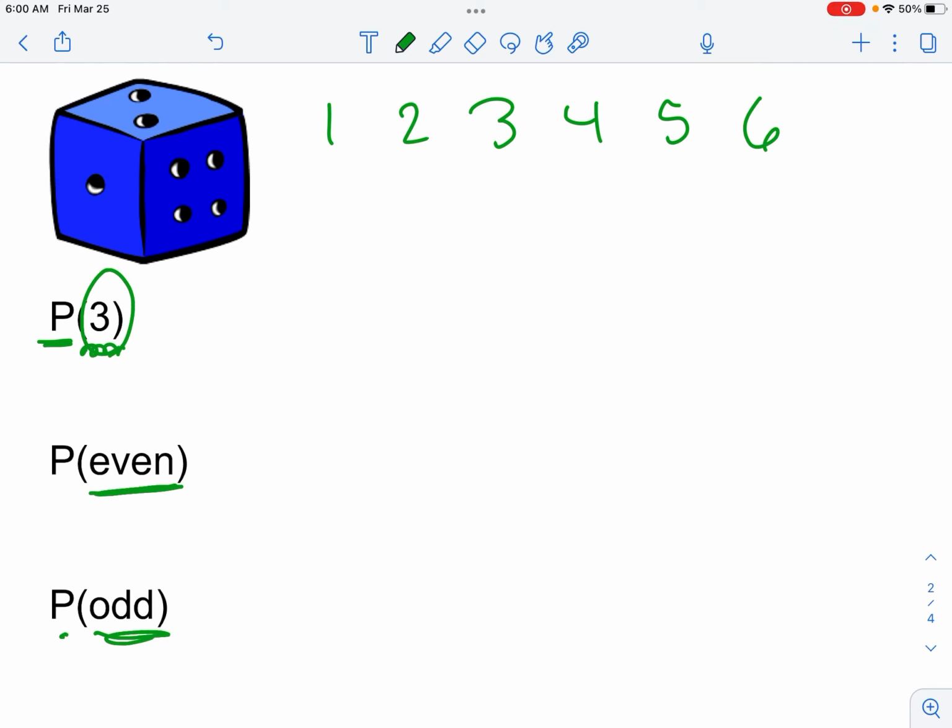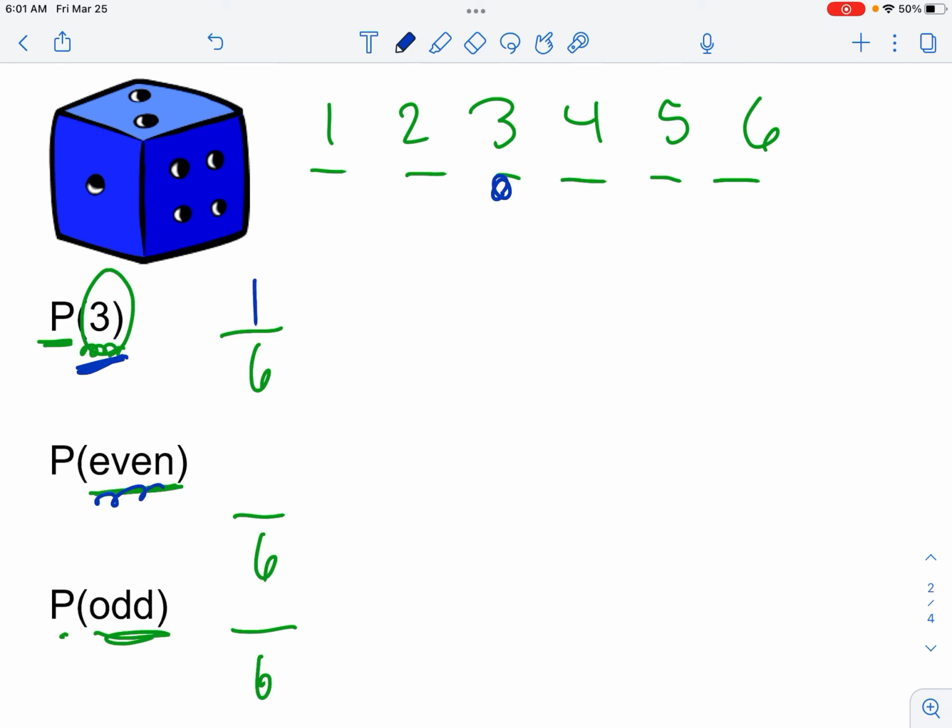Okay, so all your denominators for all of these will be a 6 because there are 6 possible outcomes on that die. If it was a 12-sided die, you'd have 12 on the bottom. And then your numerator is how many there are of that thing, of the outcomes. So if it says probability of a 3, there is 1 3, so it's 1 out of 6.